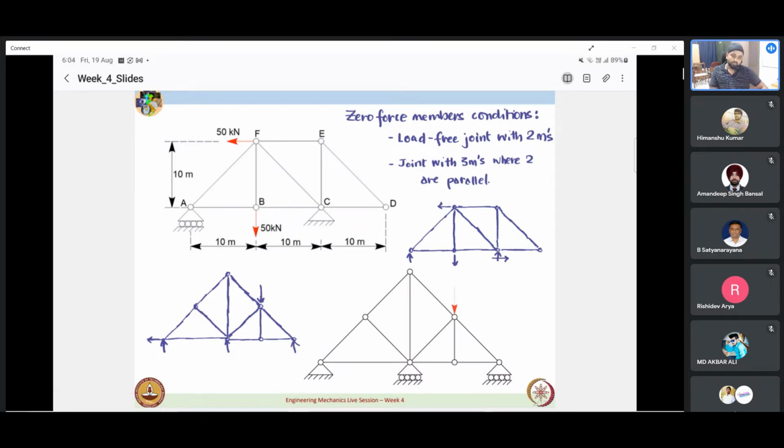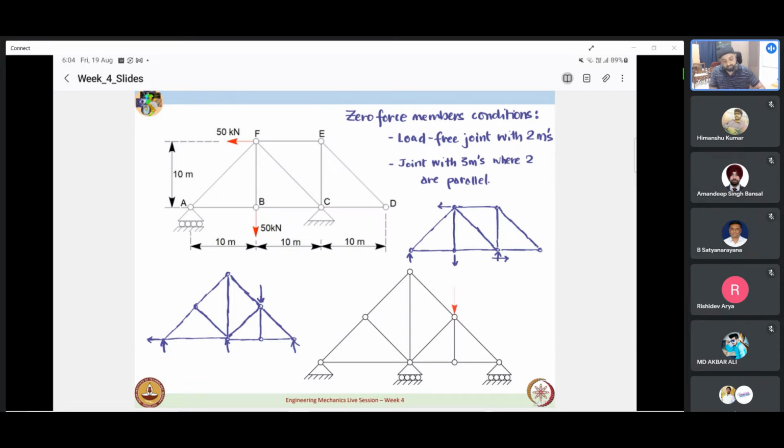If a joint that is free of any load has only two members connected to it, then both the members are carrying zero force. The other conclusion is that if there is a joint where three members are connected, out of which any two are parallel, then the force transmitted to the third member is zero. So the third member would essentially be a zero force member.